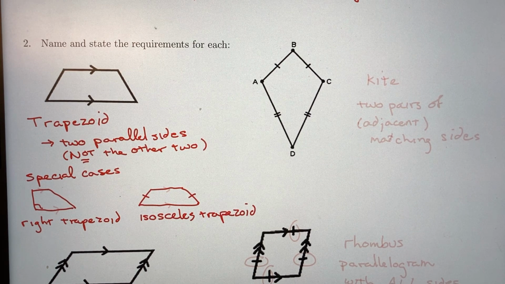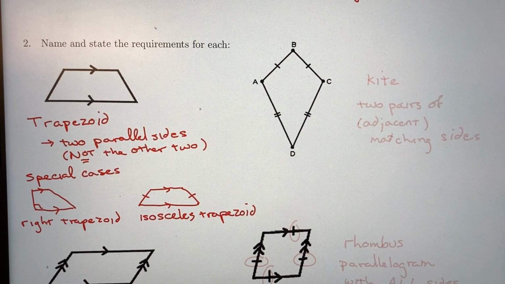Warning, neither of these qualifies until you put the little marks that say parallel in. So on the homework, on the problem sets, you need to make sure you put the markings in where they belong. So if it's a trapezoid, it needs to have markings that show that it's got parallel sides.